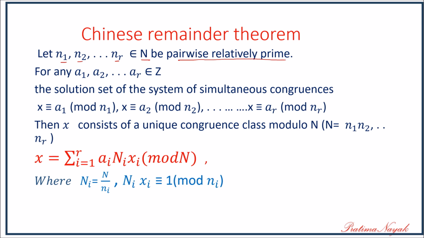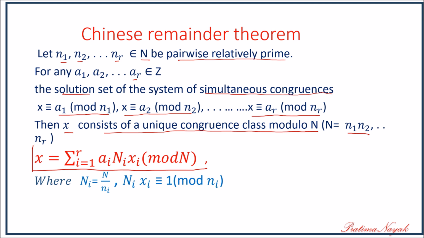For any a1, a2, a3 up to ar belonging to integers, the solution set of the system of simultaneous congruences, x is congruent to a1 modulo n1, x is congruent to a2 modulo n2, x is congruent to a3 modulo n3, up to x is congruent to ar modulo nr, consists of a unique congruence class modulo n, where n is the product of all n1, n2 up to nr. Or this x is calculated by this formula.